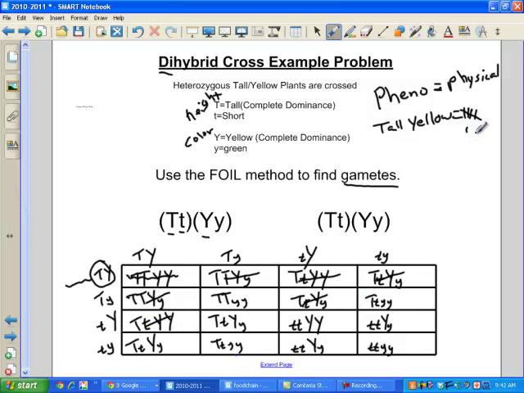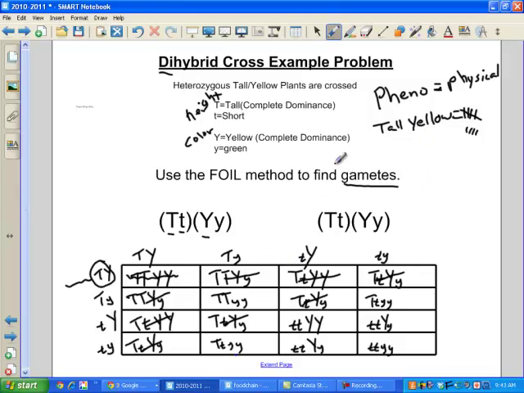Here's a tall yellow. Here's a tall yellow. That's not. There's a tall yellow. That's not, and that's not. So far we have 9 tall yellows. And for future reference, whenever you do a heterozygote cross, you will always have 9 of the dominant phenotype.